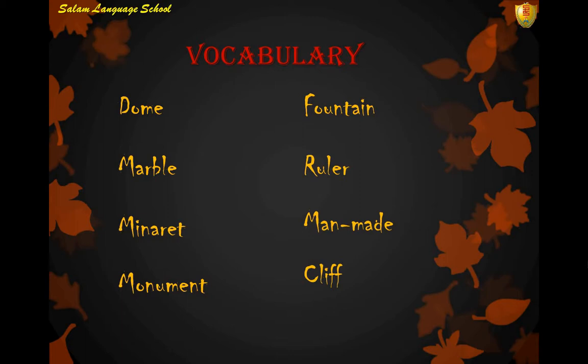Cliff. Cliff is a large area of rock or a mountain with a very steep side, often at the edge of the sea or a river. And bibliotheca. Bibliotheca is a collection of books or a library.